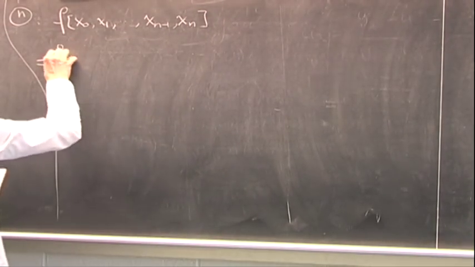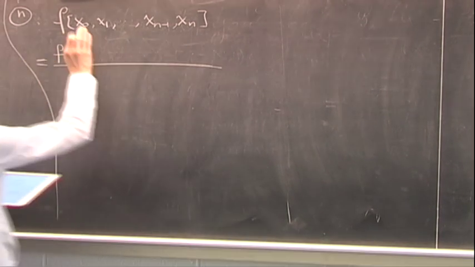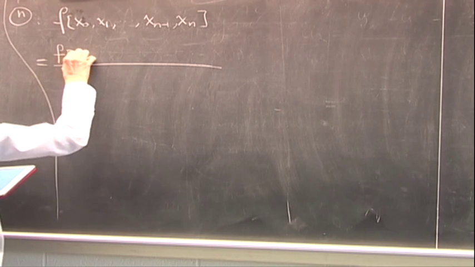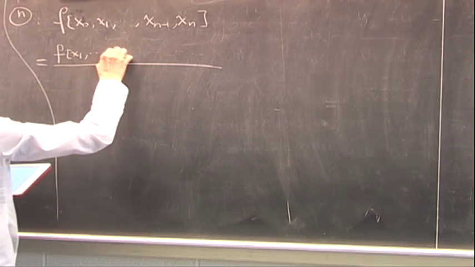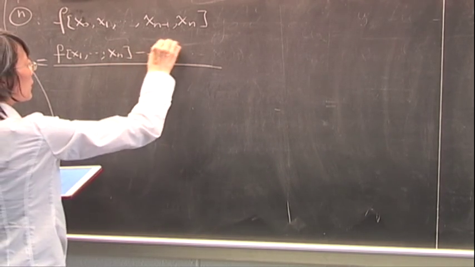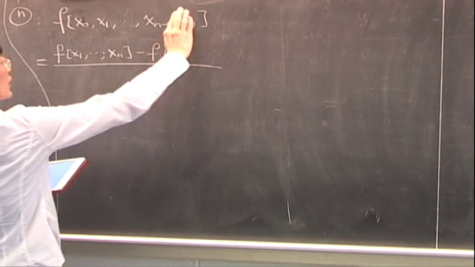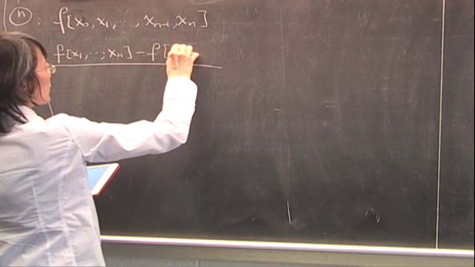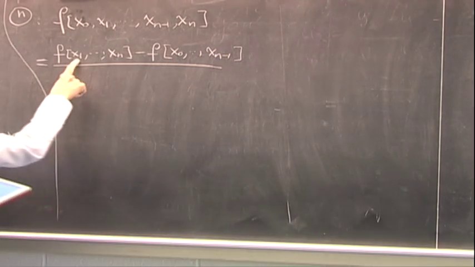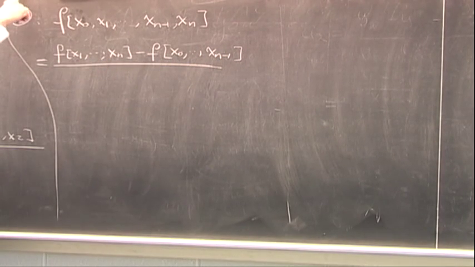Well, I would take away the first number, and then I start from x1 and go all the way to xn. This difference minus f, and then I take away the last one. Okay, so I have x0 to xn minus 1. So these two shall be computed already at step n minus 1. Now I'm using it. Is that clear?